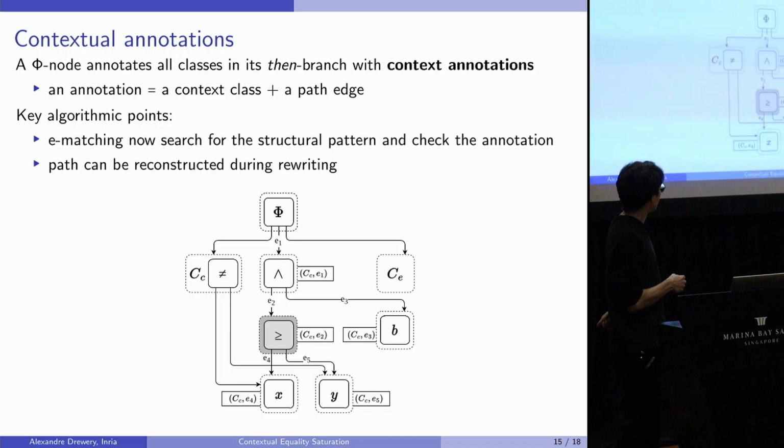The generality is that the annotation also allows you to find efficiently the path that exists. And so looking for an occurrence of your rule can now be done by looking for the structural occurrence and then checking in the annotation whether or not a path exists.